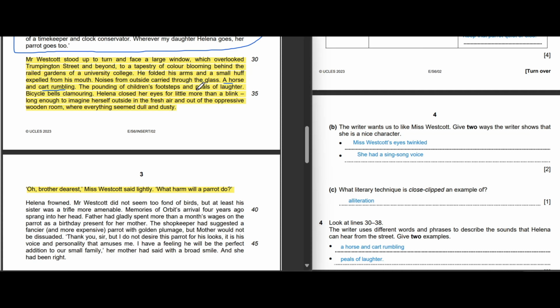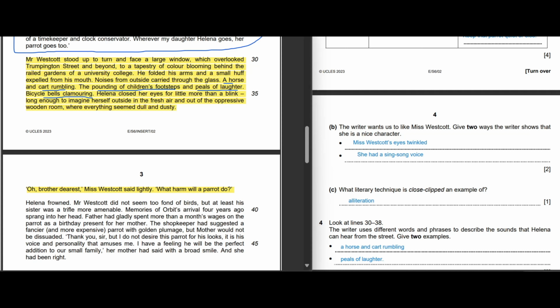The answer may vary from one person to another. You may also say the pounding of children's footsteps and bicycle bells clamoring. So that's also possible. You just have to include two answers in here.